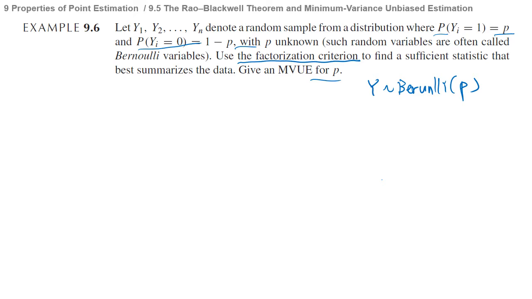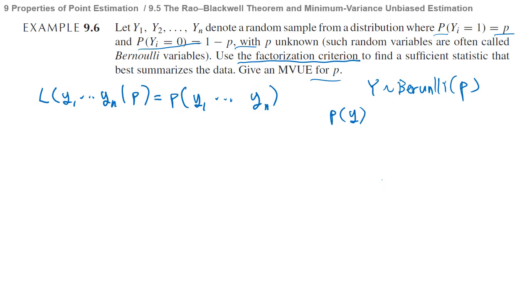To use the factorization criterion, we first need to calculate the likelihood. So what is the likelihood of y1 to yn given p? This is the joint probability of y1 to yn, and the probability of y can be described as p to the y times 1 minus p to the 1 minus y.